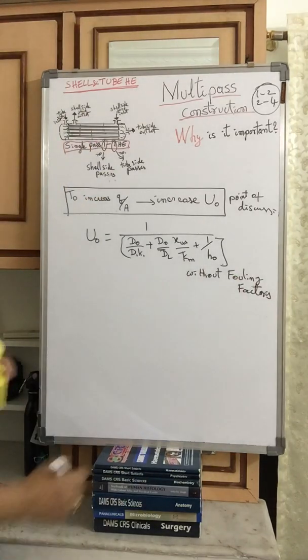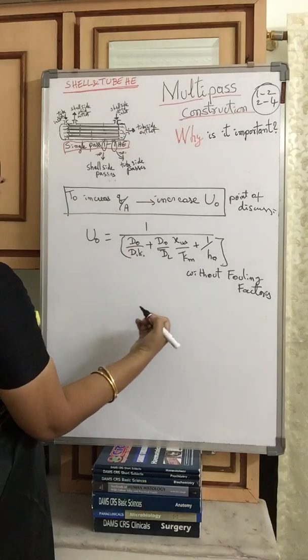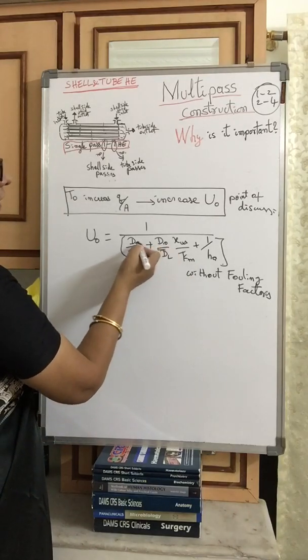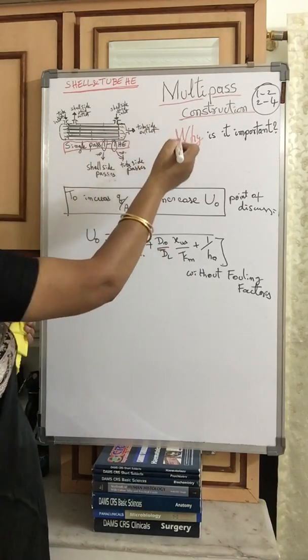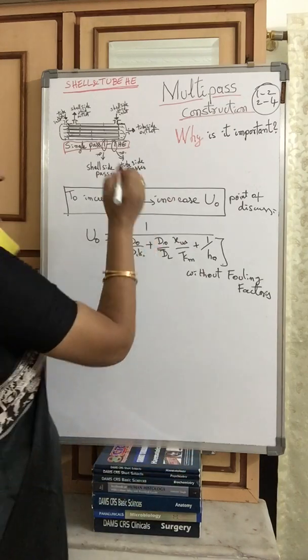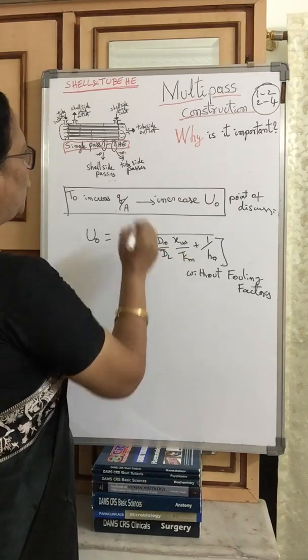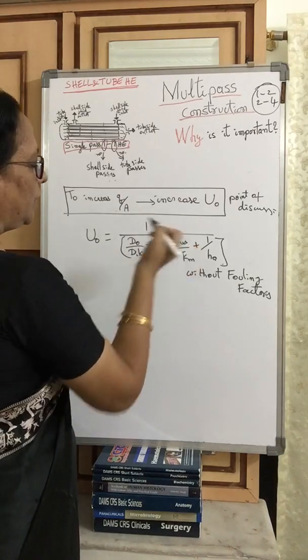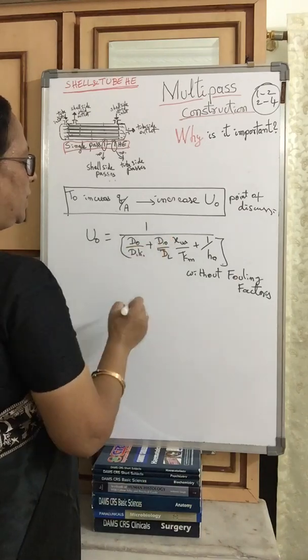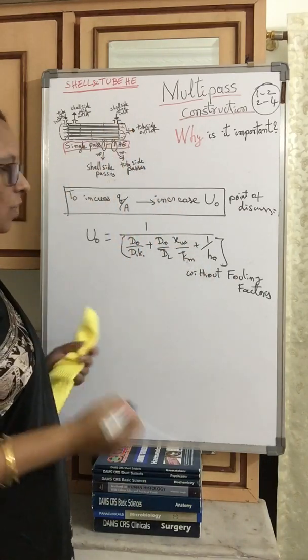Okay, so from this you understand that Hi and H naught are in the denominator. D naught is the diameter of the tubes, which is constant only. We can't change it now, the design is a particular design. We are not changing the number of tubes and all that. So Xw is constant, D naught is constant, and the thermal conductivity of the metal wall is also constant.